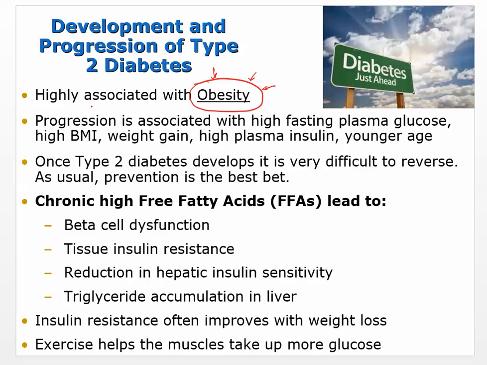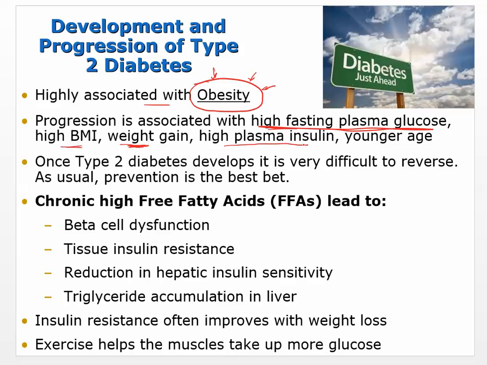Okay, so highly associated with obesity, progression is associated with high fasting plasma glucose, obviously. Okay, so we can see that if you have high plasma glucose, that it's not being controlled, and that's that feedback, that progression that's taking place. A high BMI, weight gain means that if you're gaining weight, your type 2 diabetes is going to progress.